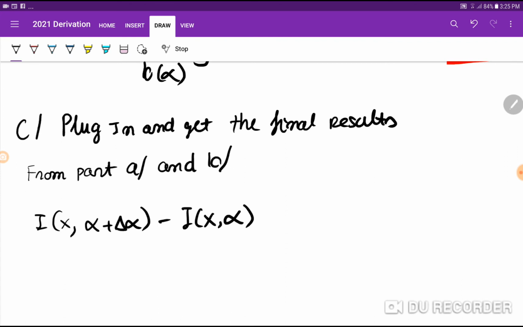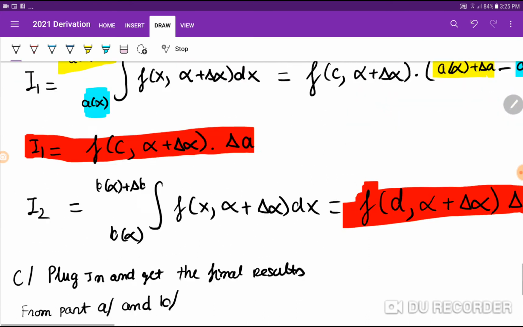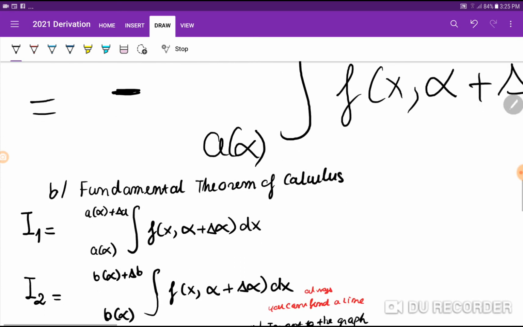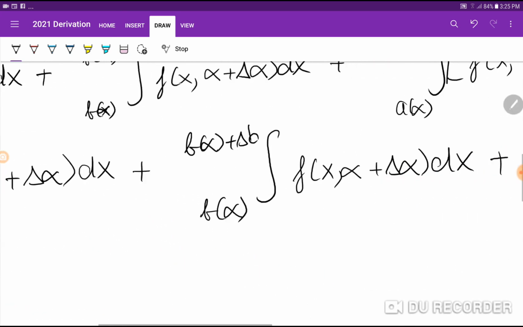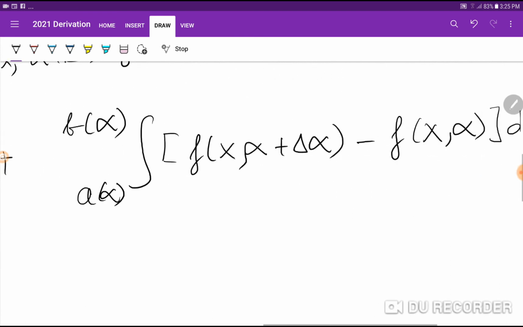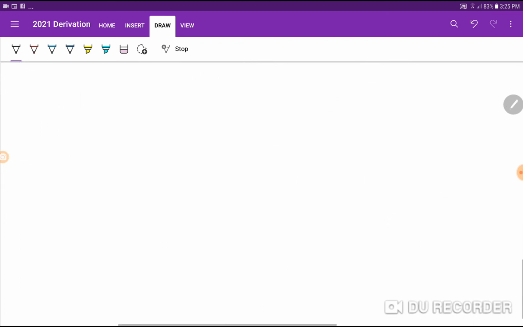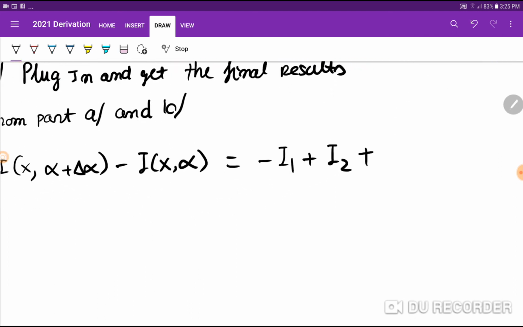I of x alpha equal to negative I1 plus I2 plus, let me see, what is this? The one I haven't defined yet from part 2 of the video. Okay, this guy right here. Yeah, this is the one. So copy that. Okay, it should be easy to remember. So sorry guys if I move my screen all around.